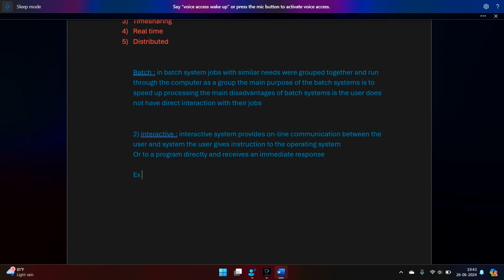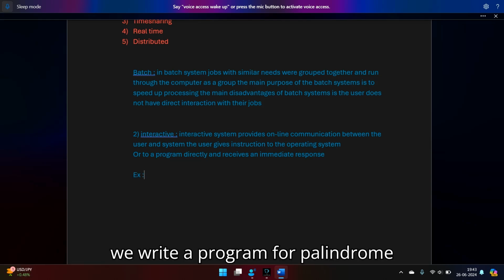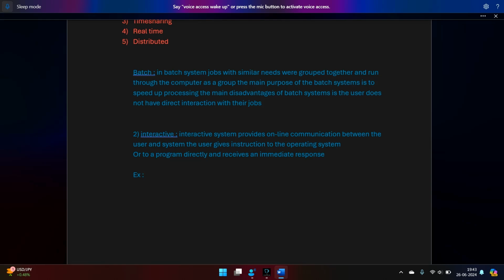For example, we write a program for palindrome.